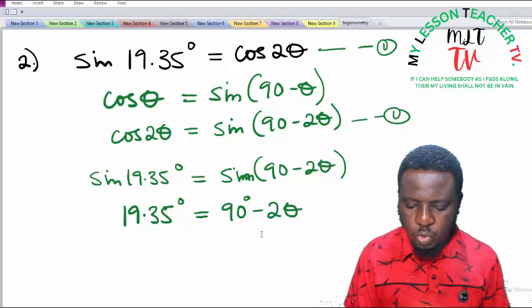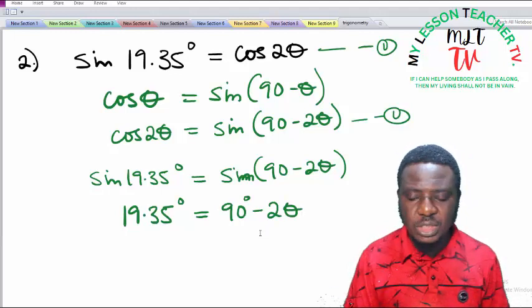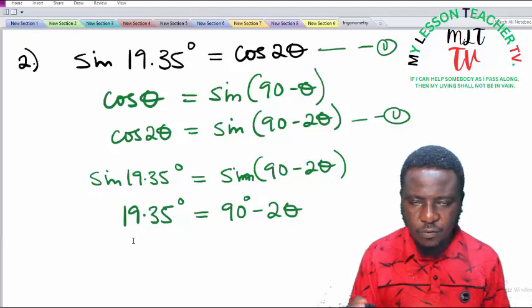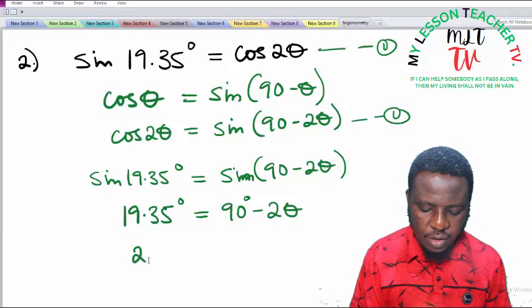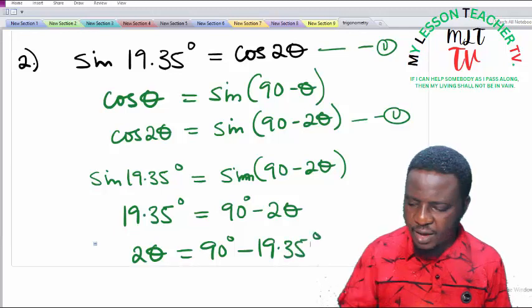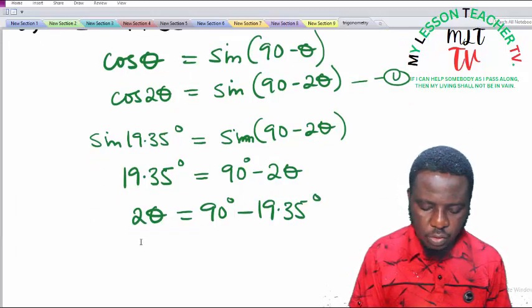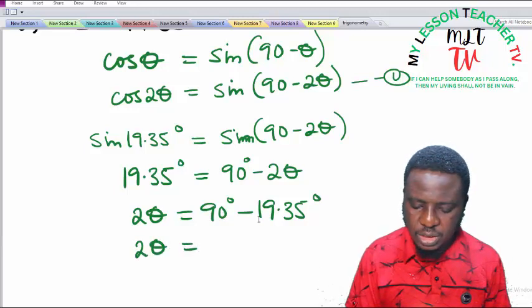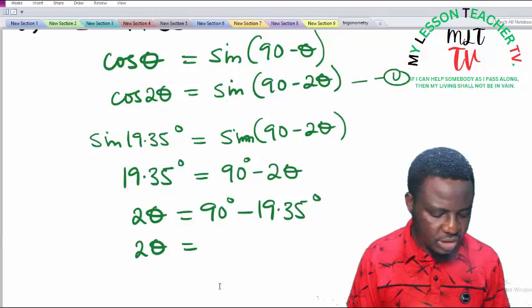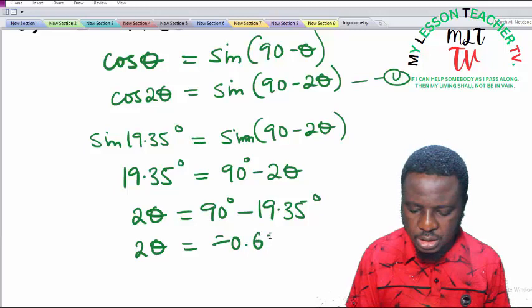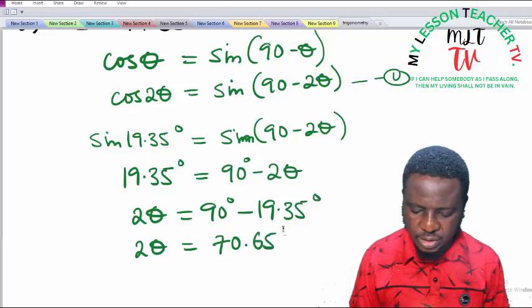So making 2 theta the subject of the formula by adding 2 theta to both sides of the equation, as well as subtracting 19.35 from both sides, you have 2 theta equal to 90 minus 19.35 degrees. Now you simplify, we have 2 theta equal to 90 degrees minus 19.35 degrees, which gives us 70.65 degrees.